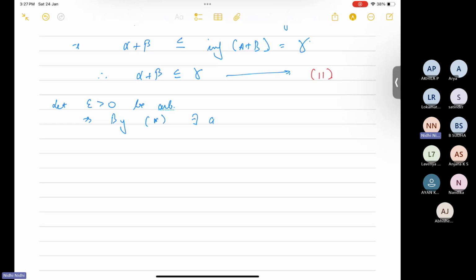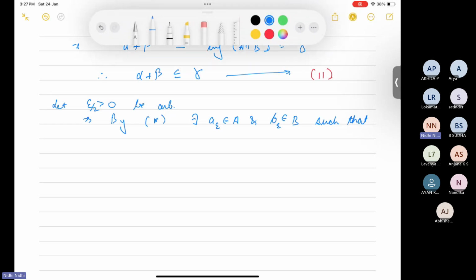there exists some a epsilon in A. Also for B we can do the same thing, and b epsilon in B, such that, now instead of epsilon I can take this to be epsilon by 2. You'll see why I took this, or I'll tell you later.